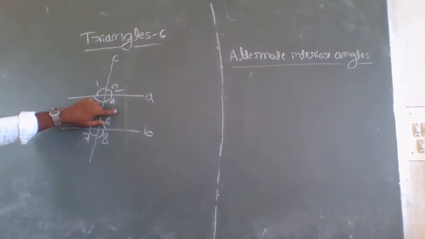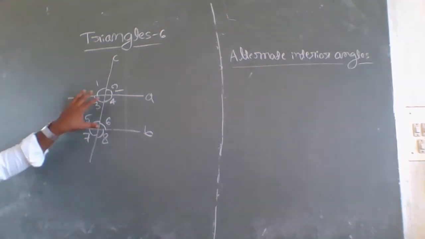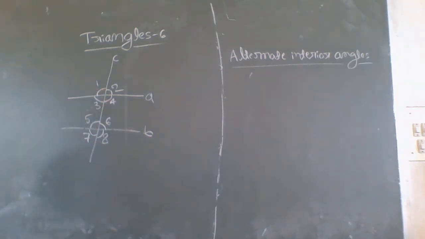Angles 3, 4, 5, 6. These are the interior angles because these are the angles in the inner part of the intersection. And 1, 2, 7, 8 are exterior angles.